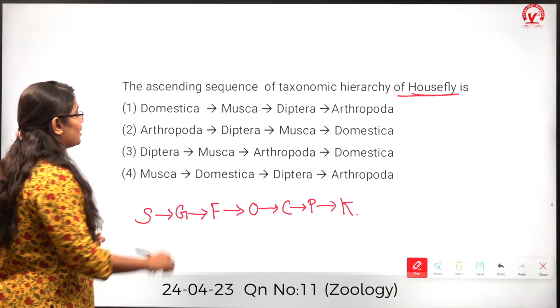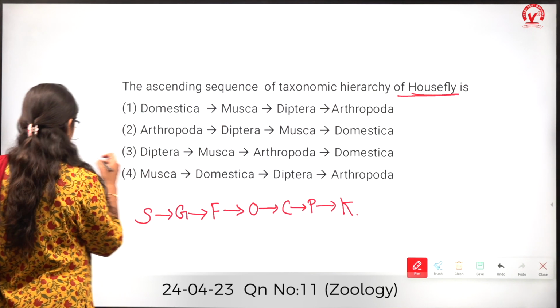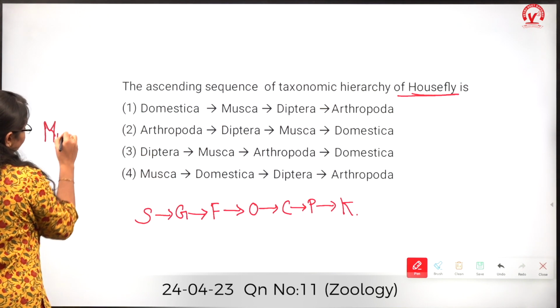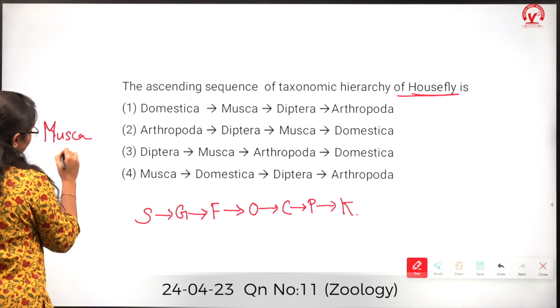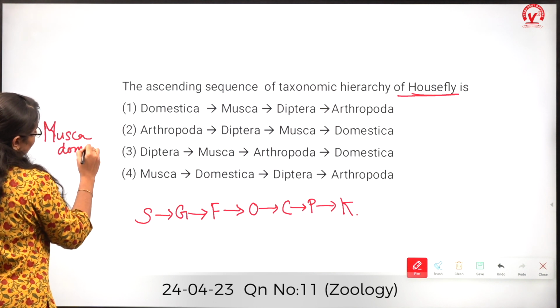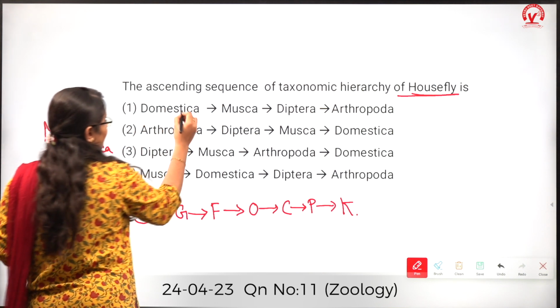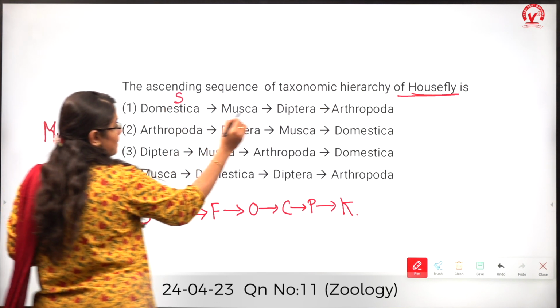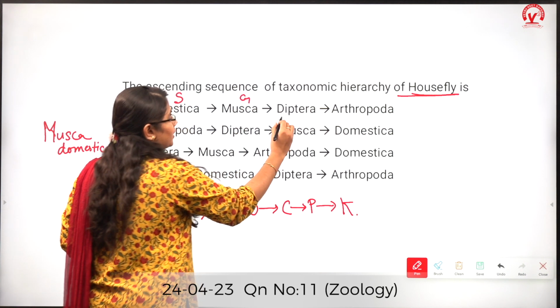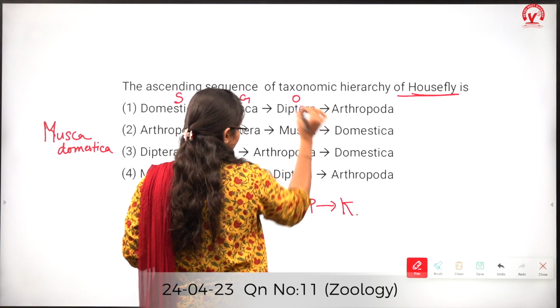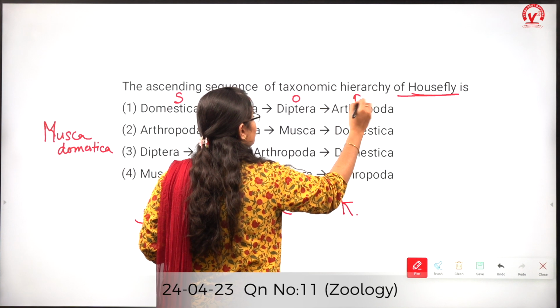Option 1. The biological name of housefly is Musca domestica. So here domestica is species, Musca is genus, Diptera is order, Arthropoda is phylum.